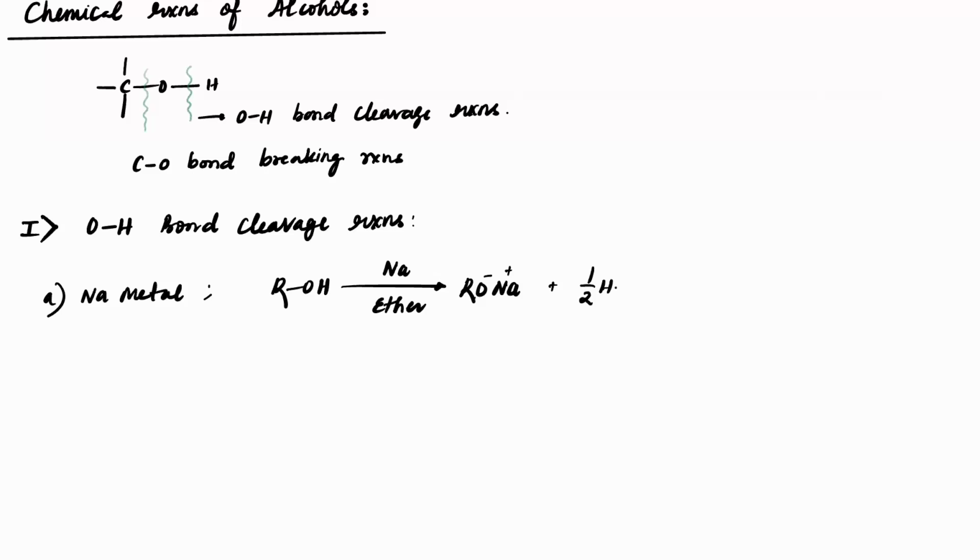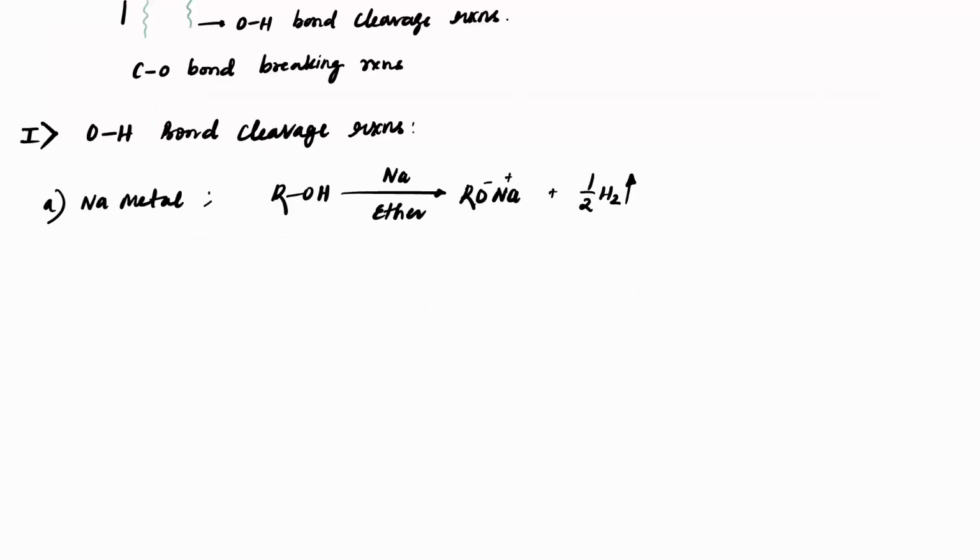So in a way, this becomes a source for making H2. Similarly, magnesium, aluminum, and potassium can also be used.